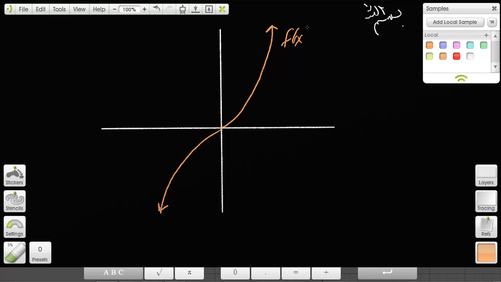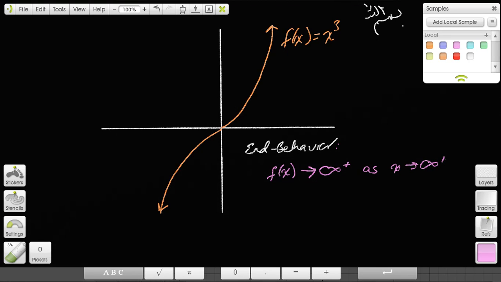This is f of x equals x cubed. Now look at this. Let's describe the end behavior of this function. The end behavior of this function is this. f of x goes to positive infinity as x goes to positive infinity.